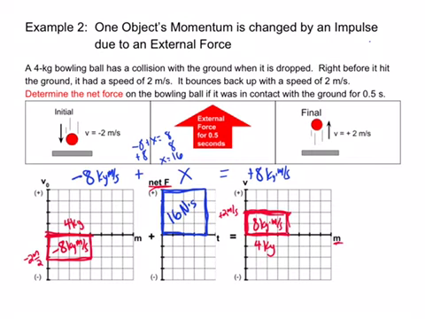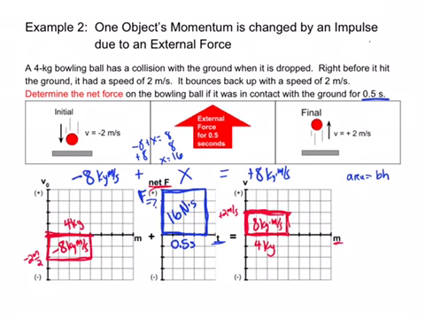Okay, now we're going to take note of the fact that the problem told us the time is 0.5 seconds. I'm going to place that on the time axis here. All we have to do is figure out what this force is equal to. How tall is this rectangle? I'm going to do that work on the side, and this step looks just like the one we ended with in the last problem.